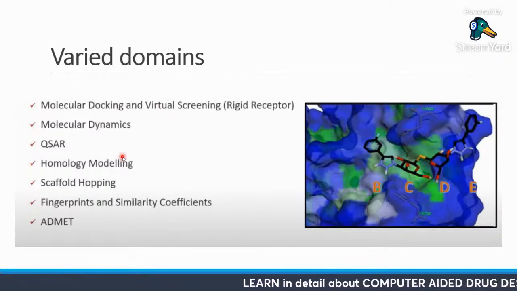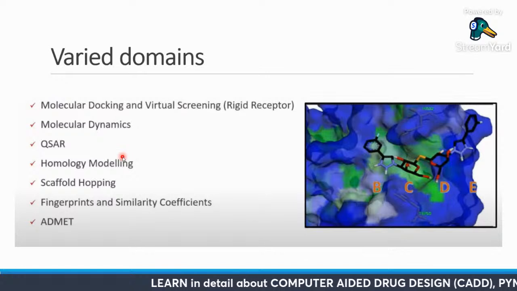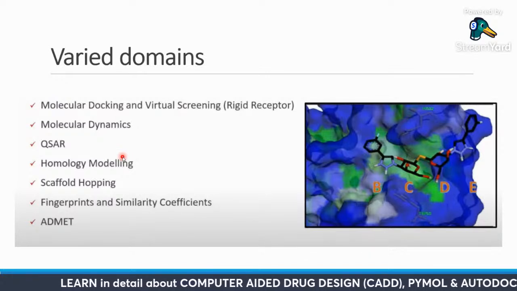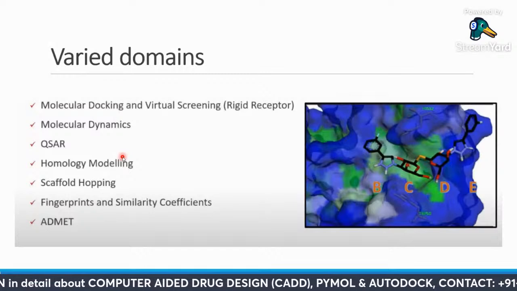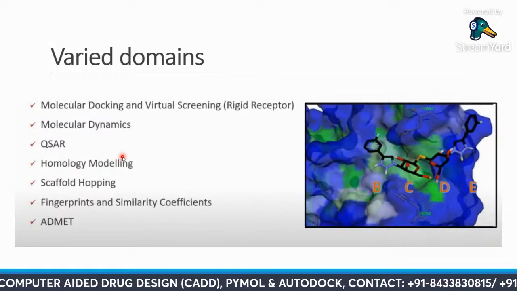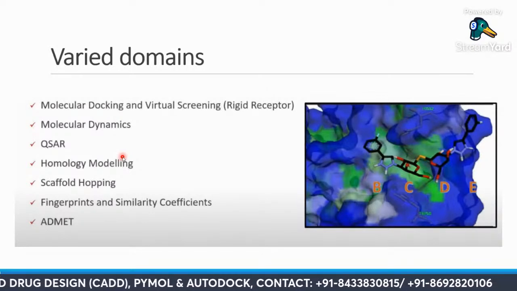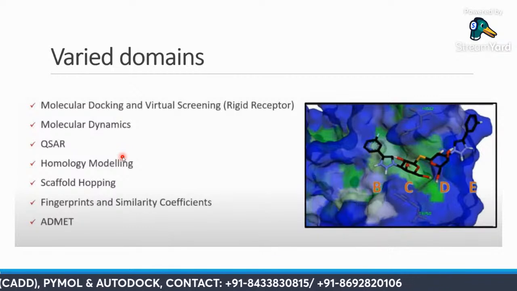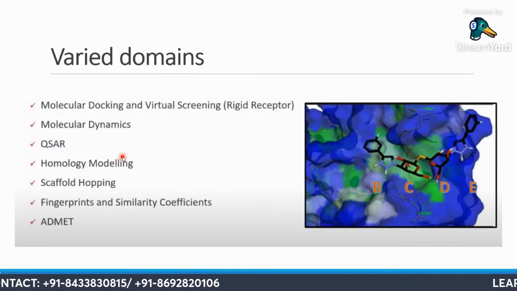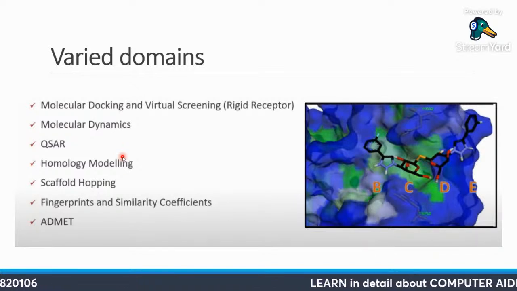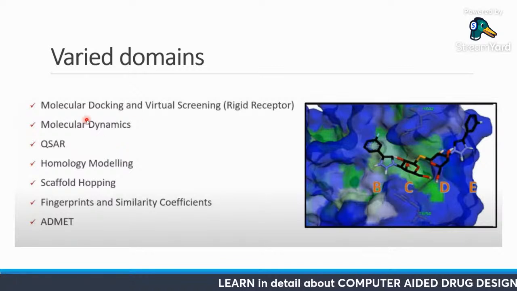Molecular dynamics is comparatively slow, and it requires a lot of resources. Basically, it requires high computational power. You need very sophisticated instruments, and it will also take a long time. Depending upon how long a simulation you are going to do, it might take a few days to sometimes months. But molecular docking will happen in minutes or seconds.